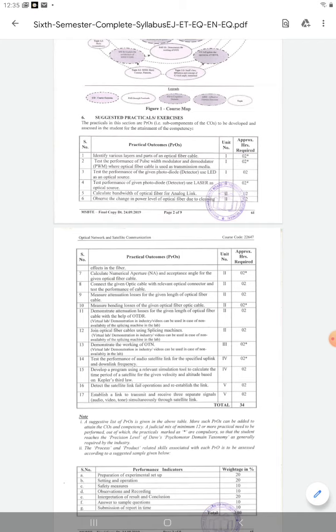In the third practical, we have to test the performance of the given photodiode detector by using an LED as an optical source. As we know, a photodiode is nothing but a diode which operates on light. If the light falling on the diode changes, then the current flowing through the diode also changes.